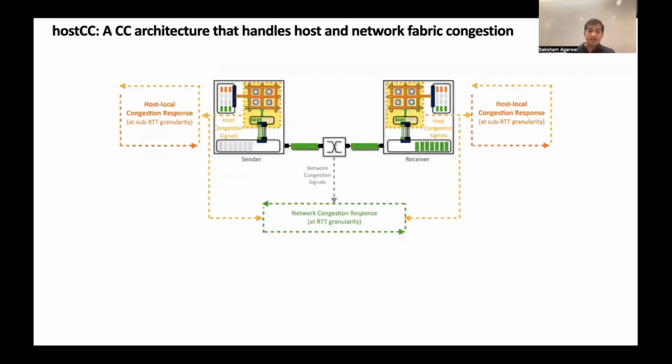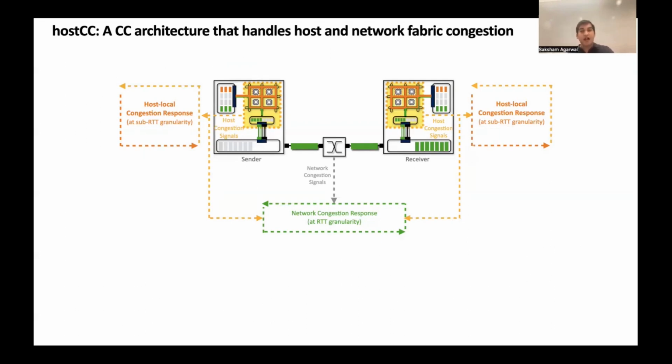To summarize, the emerging problem of host congestion presents a new opportunity for our community to explore intriguing questions at the boundaries of networking, OS, and architecture. And HostCC is only the first step.